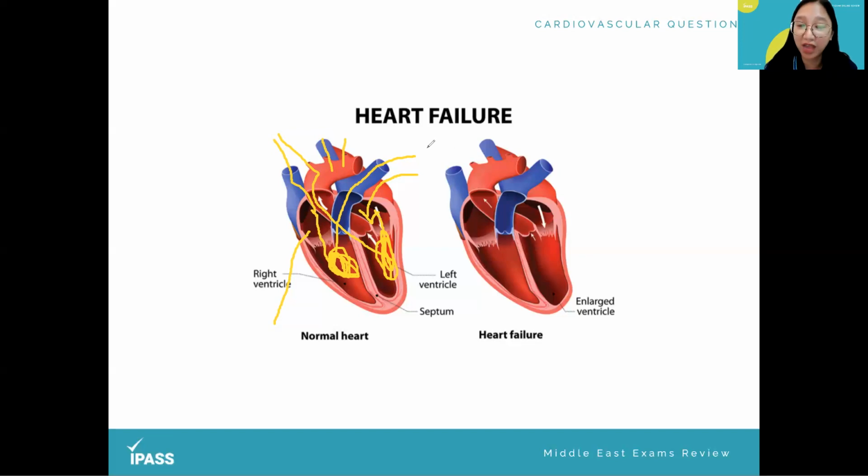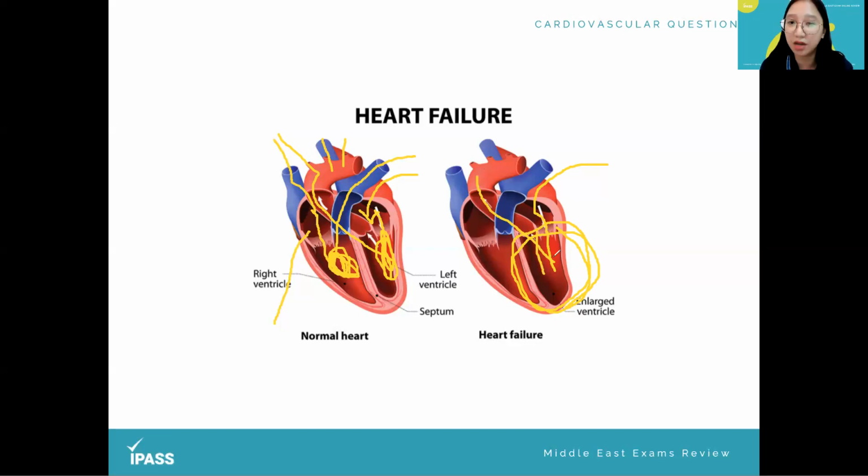So in heart failure, when blood from the lungs enters the left atrium and goes to the left ventricle, since this area is enlarged and already failing, when it contracts the contraction is decreased. Therefore, the blood going to the aorta is decreased.